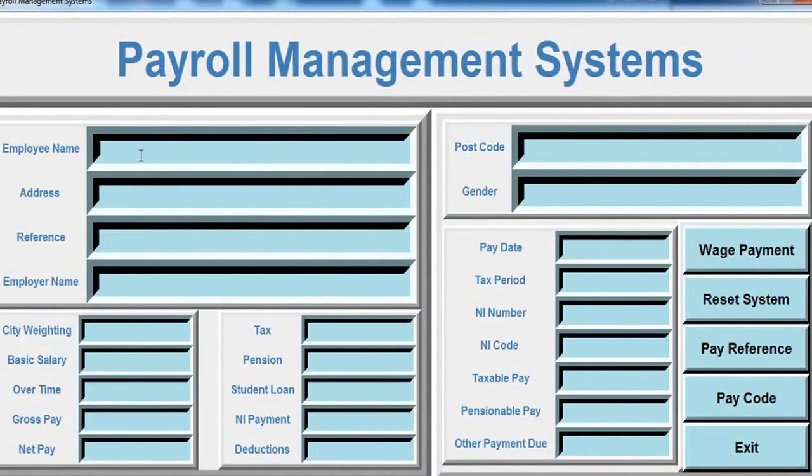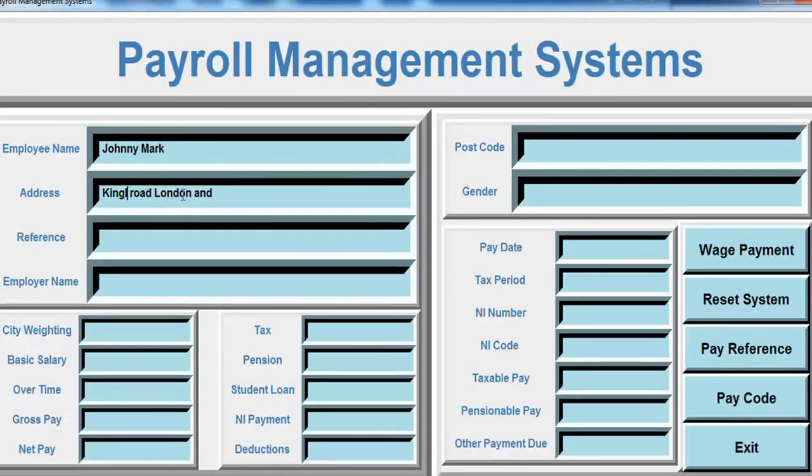We have employee name here. Let's say that is Johnny Mark. Okay, that's Johnny right there. Then address: Kingsland Road, London.